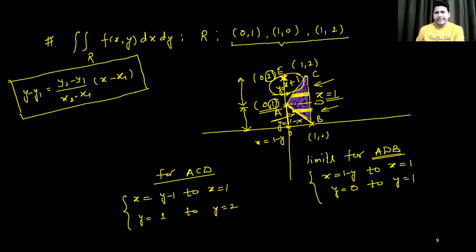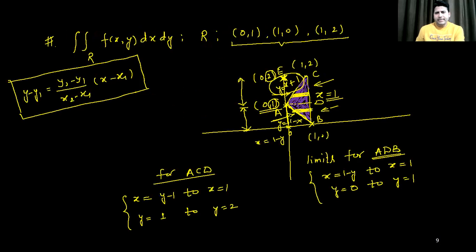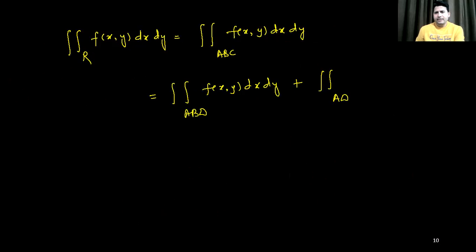So ABD and ACD: it will equal the integral over ABD of f of x comma y dx dy plus the double integral over the second one, ADC, of f of x comma y dx dy. By using a property of the definite integral, that integral can be broken, so I just break it according to the region.